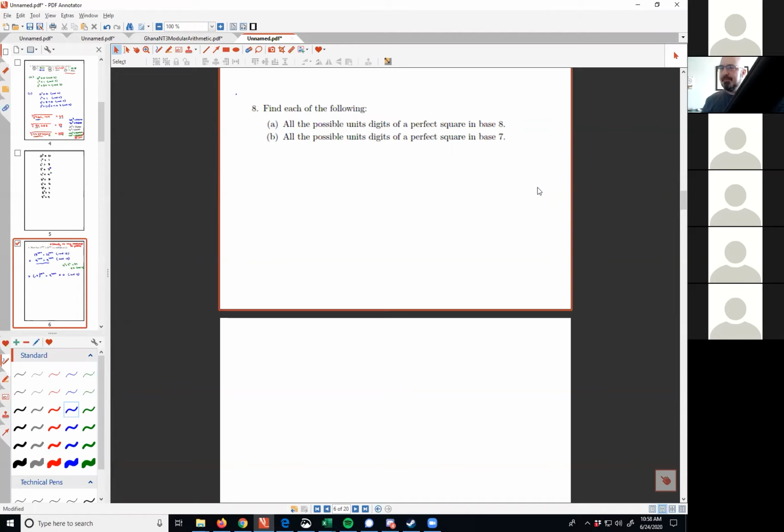Modulo 10. Not modulo 10. The units digits of decimal numerals. The units digit of base 10 decimal numerals that we're used to, those are the residues modulo 10. But what are the units digits in base 8?